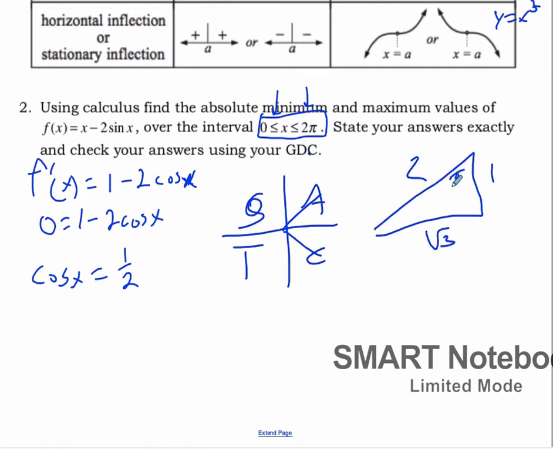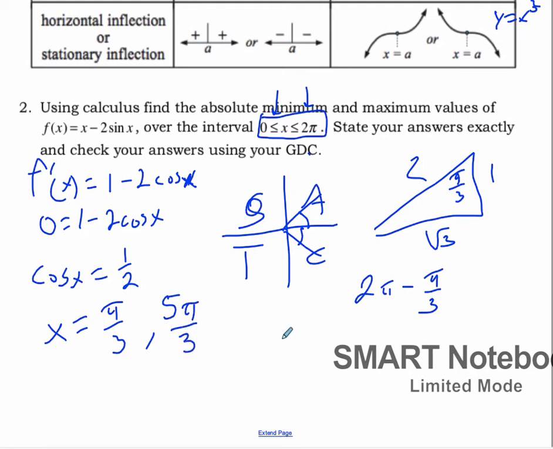So this is pi over 3. So x equals pi over 3 is this one. And x equals 2 pi minus pi over 3 is going to be this one right here, which is 5 pi over 3. Okay, so those are our critical values.